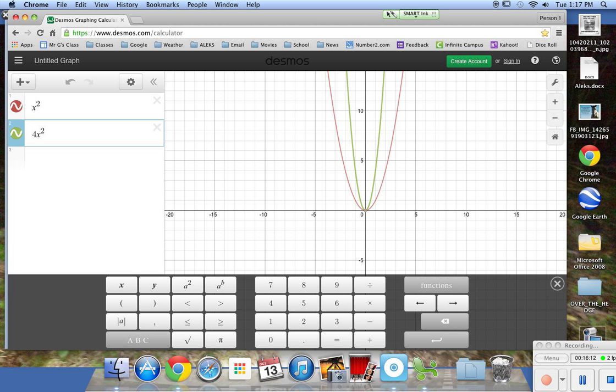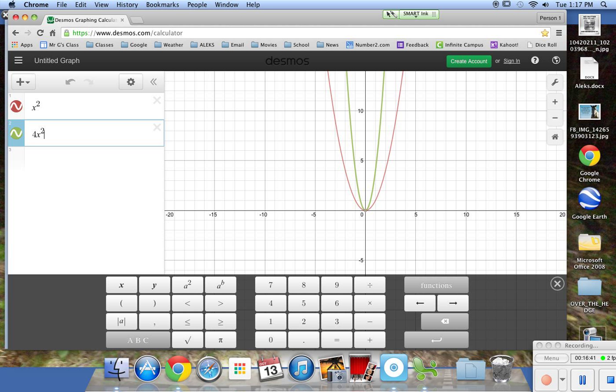Guys, here's what I want you to do on this: 21, 22, and 23, and then I guess 21 through 27. Do you have to graph them?